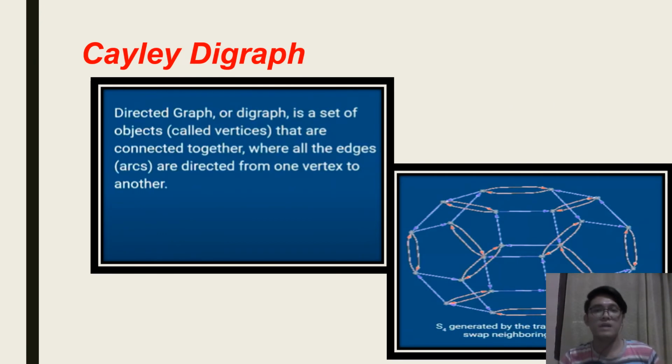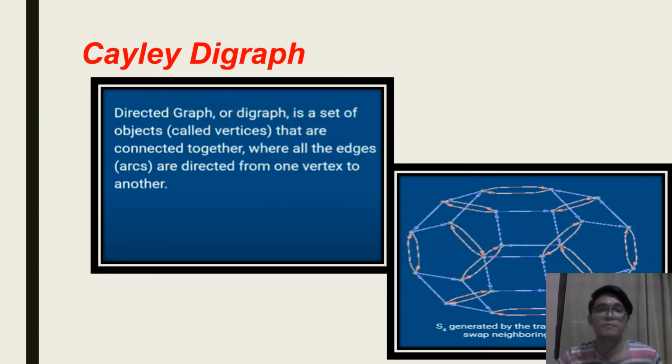Once we have a generating set of a group G, we can produce a nice visualization of the group. We use directed graphs or digraphs to represent the group in terms of the generators in the generating set of the finite group G. A digraph consists of a number of points or vertices that are connected by a series of arrows called arcs.